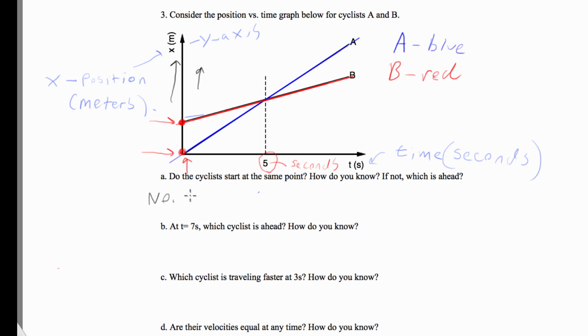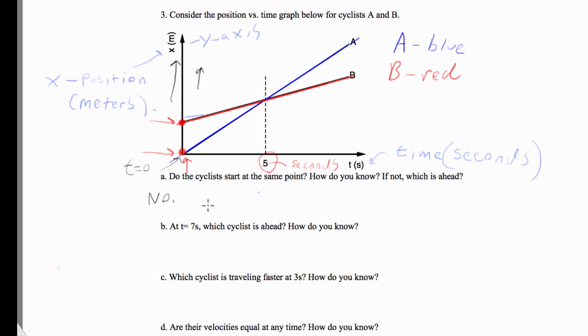I would like you to answer in full sentences. I may not, just because I need to work on my handwriting on this tablet device. How do I know? Well, here, if I want, I can define this as t equals 0. There's nothing that prevents me from that. That's an option.